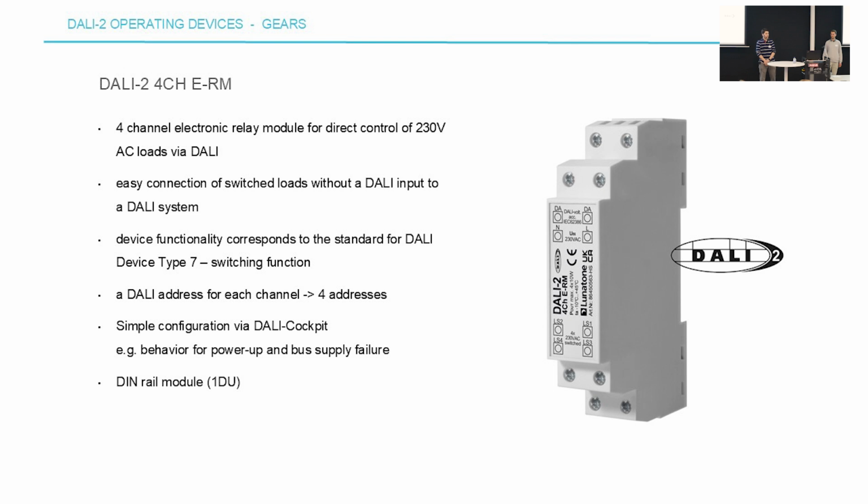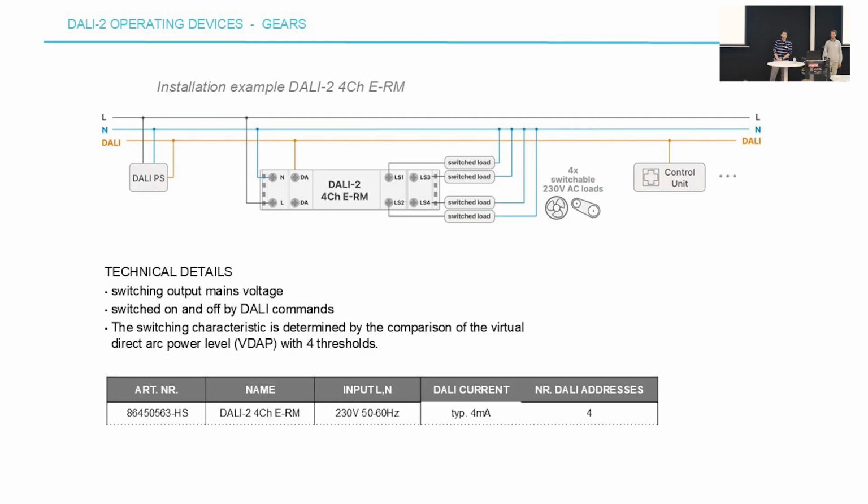So the 4-channel ERM is the electronic relay module. It can control up to 230 volts AC loads via DALI. So it has four outputs. You can connect any 230 volt AC load on the output of the device, like you see here, for example fans or small motors or something.